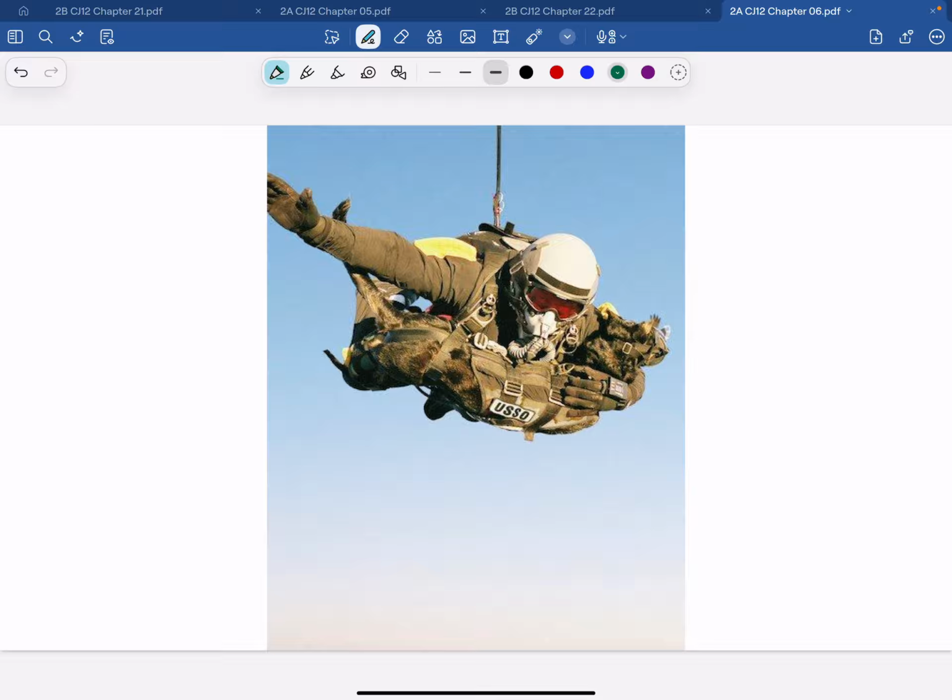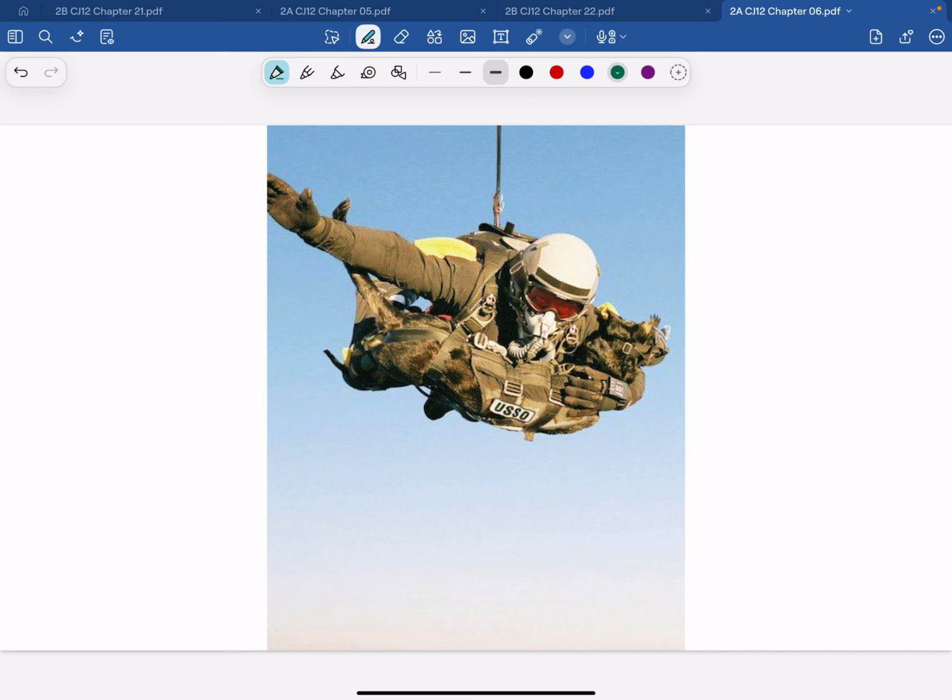If the desire is to get a combatant into an area undetected, then you jump from an airplane that's very, very high up, parachute all the way down below mountaintop level, so we're talking just 1,000 feet off the ground or something like that, and only open the parachute after you're below the mountaintop level because they're trying to avoid radar.